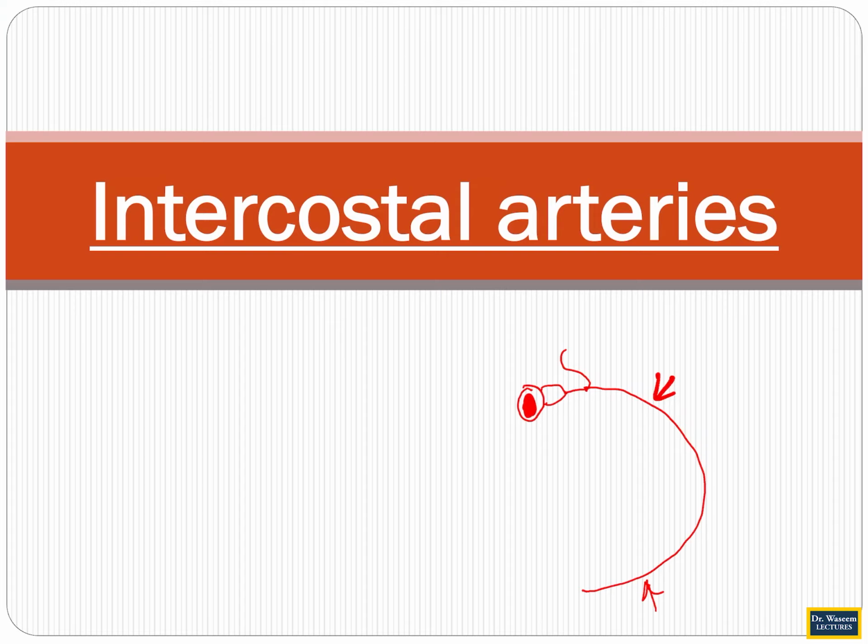But in the case of arteries, and even veins, this is not the pattern. Posteriorly, the posterior intercostal arteries and veins emerge from a separate source, and anteriorly they emerge from a separate source. That's why we have to discuss the posterior intercostal arteries and the anterior intercostal arteries separately, and see their pattern also.